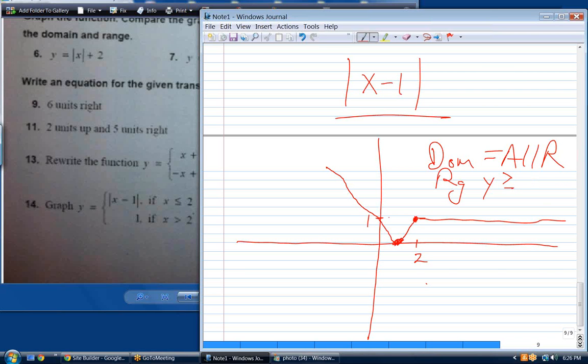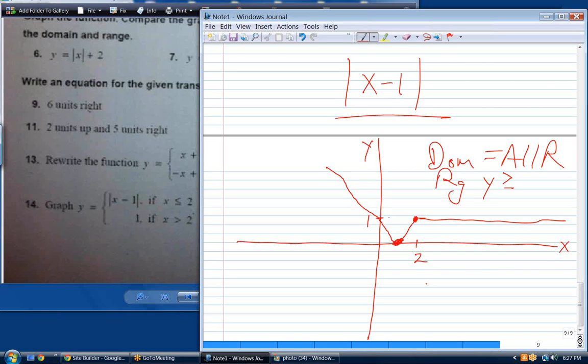Well, right here, y is 0. Make sure you don't confuse your x and your y-axis, which I see you do every now and then.